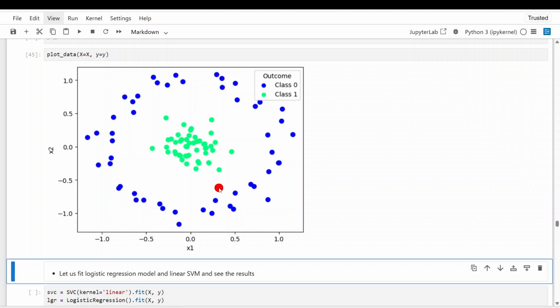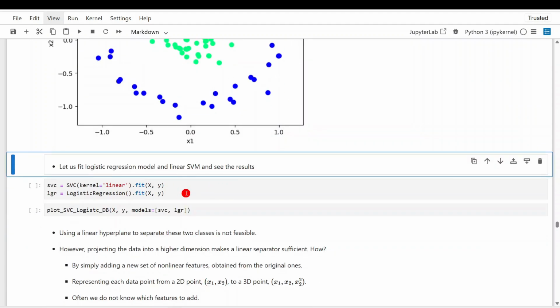For example, for this data, if we fit a logistic regression model, that model will have an accuracy of around 50%, just like that of a random model. And if we consider a linear support vector classifier, it will have an accuracy of maximum, let's say, 50%, because this data is not linearly separable.